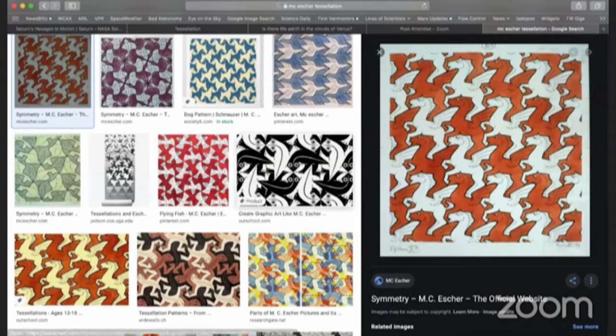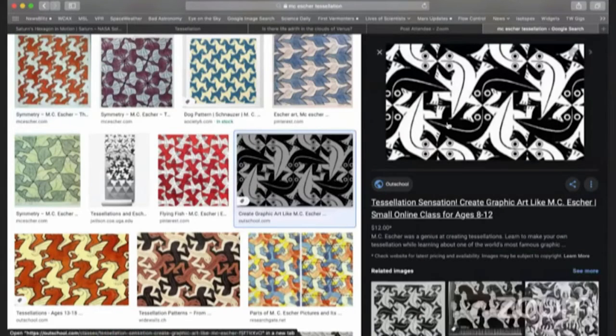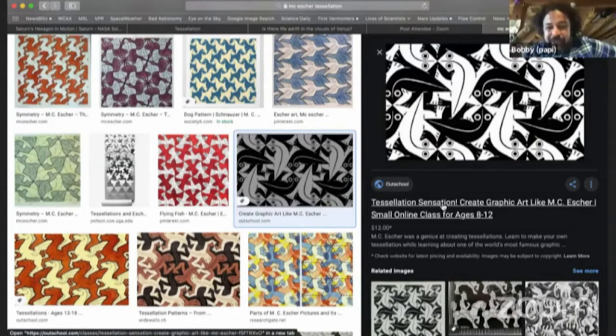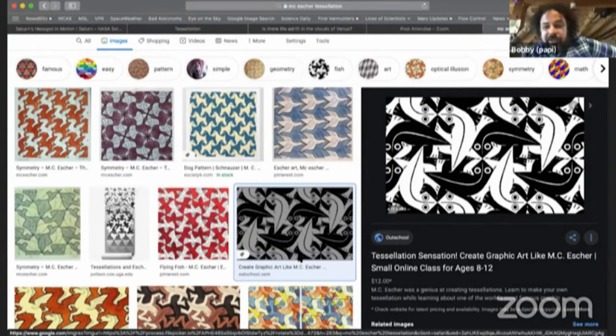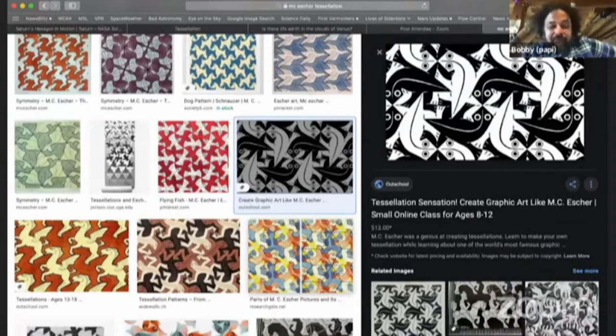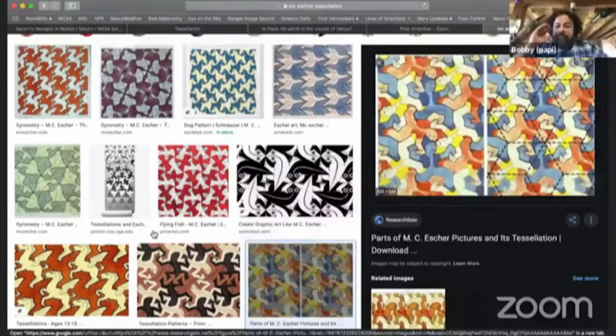Wow. Look at the fish one. I love this salamander looking one. Here's a cool one that shows you the underlying pattern. But when I think about art like that, I just think, how did this person see the world?